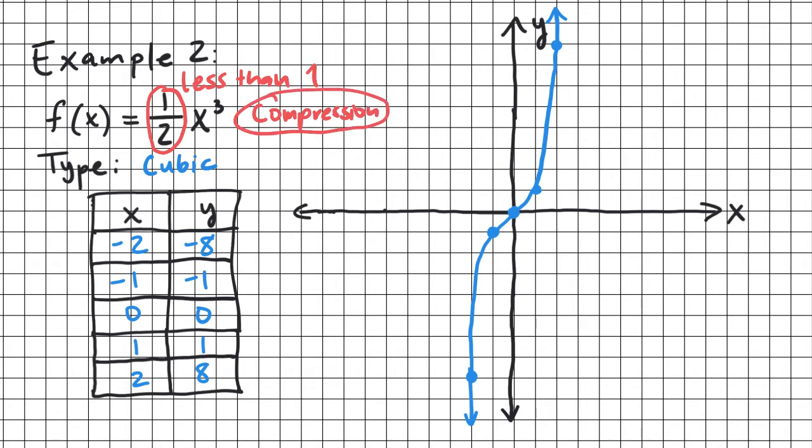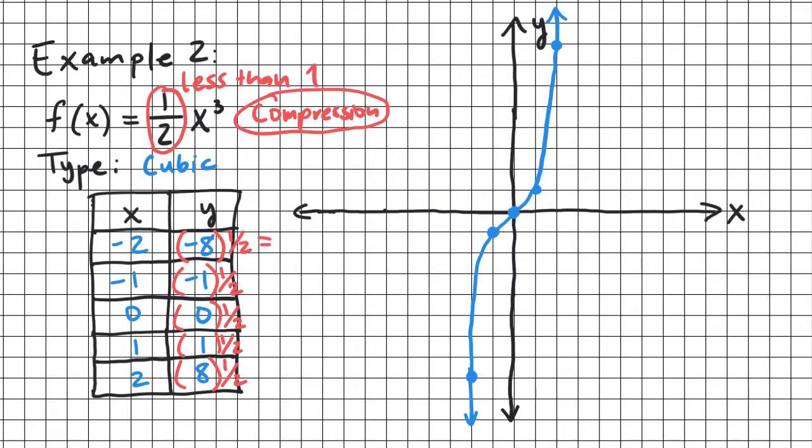Okay, and so again, what are we going to do with the y's? We're going to multiply all these y's on the table. We're going to multiply them all by that number that I circled, which is 1/2. Okay, so let's calculate.